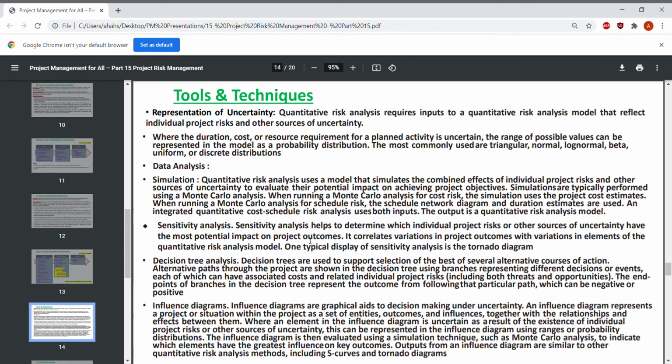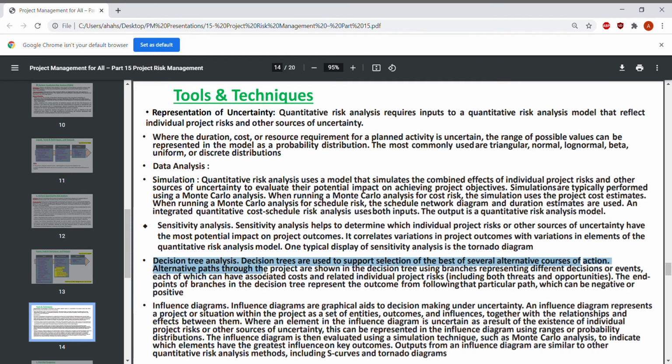So once we do the simulation and we know which risk can affect the project the most, we deal with it first. The decision tree analysis: decision trees are used to support selection of the best of several alternative courses of action.